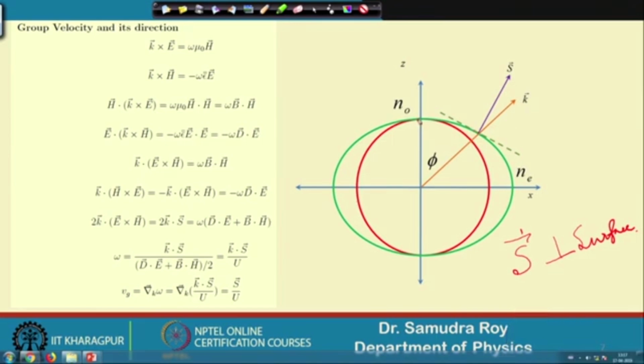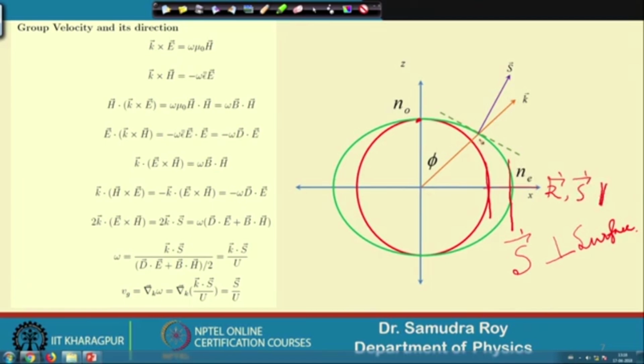However, at this point S and k are both in the same direction, and also in the x direction. If I make a perpendicular to the surface here, both are parallel, that means the k vector and S vector will be parallel.